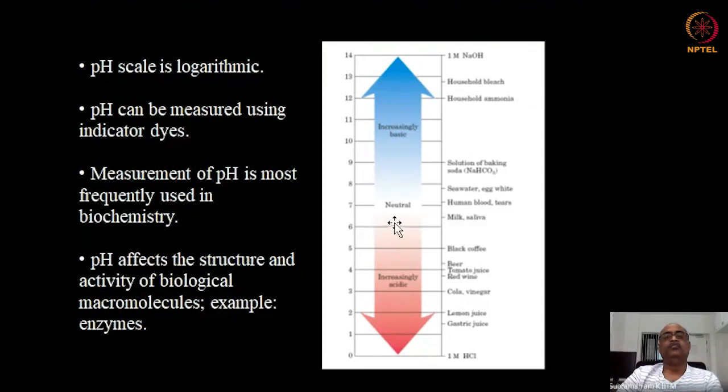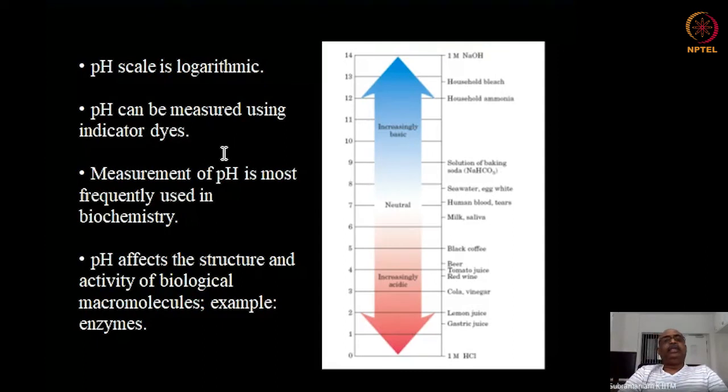And as you go up, milk is close to neutral, and then if you go here, baking soda, household bleach, cleaning, household ammonia, this is the one you use for cleaning glass windows. Bleach, in addition to hypochlorite, also has sodium hydroxide, and that's why its pH is very, very high.